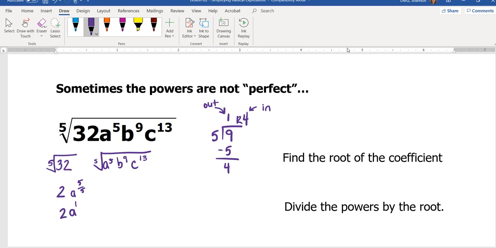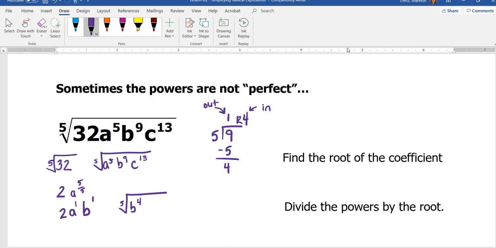Now, the b, I did say, this exponent that you have here, 5 goes in fully once. So I will have b to the 1st on the outside. We still have a 5th root here. We had a remainder of 4, so that means I still have b to the 4th on the inside. So your remainder is always what remains inside the root as your exponent.